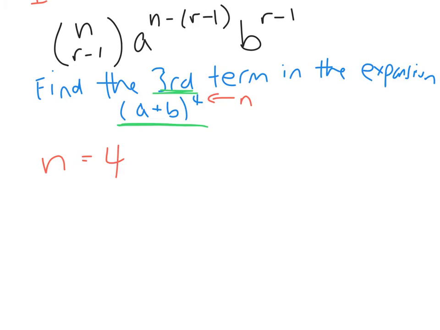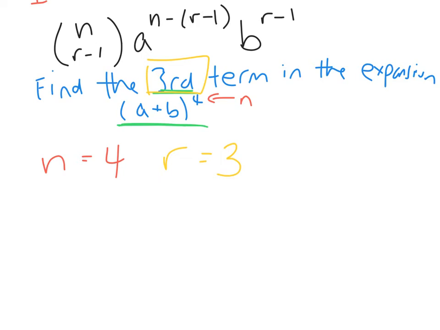The r term is the term that you're looking for. I'm looking for the third term in this expansion, so r is equal to 3. In the test question, I'm asking you to find the sixth term, so r in the test question would be 6.